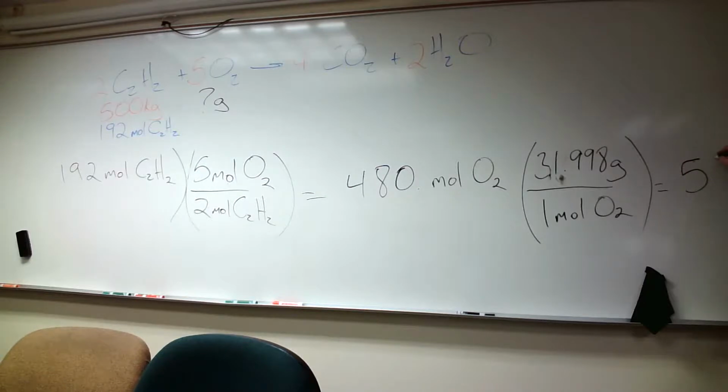That doesn't seem like enough. Wait, no, it's 15,000, so it's like 15,000. 15 point. Yeah, you might as well do one more sig fig since we're in the realm of actually doing calculations now. 15.4. So depending on what you round, it might have been a little bit different. Yeah, 15.4.